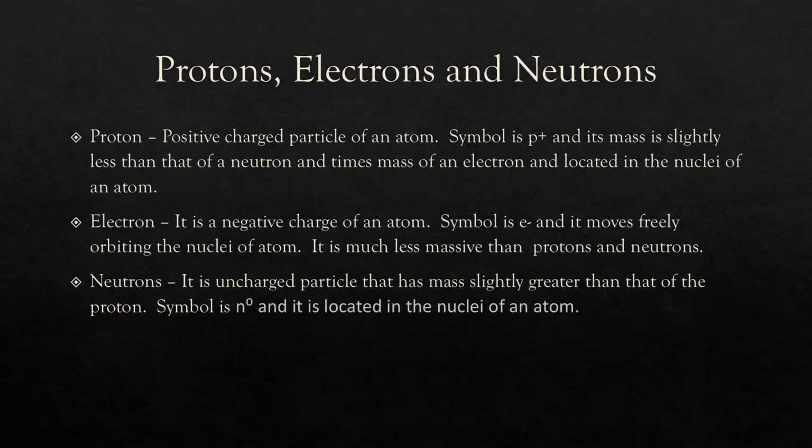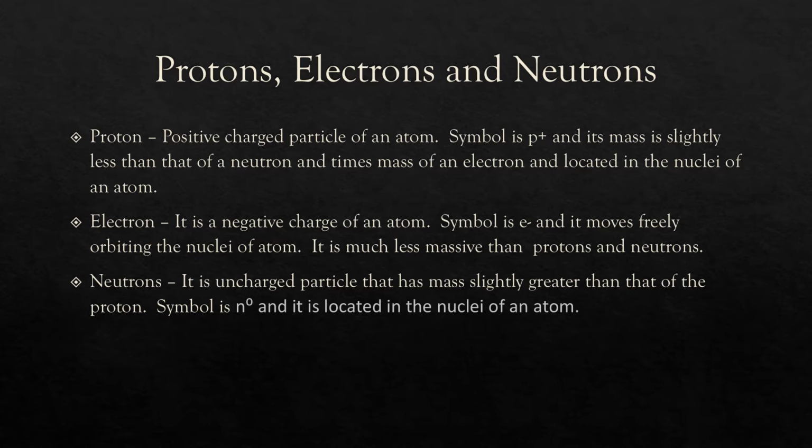They have different symbols. Remember, proton is P positive, while the neutron is uncharged. On the outside of the nuclei, you have the negative charge of an atom, that is the electron. Remember that this symbol is E negative.